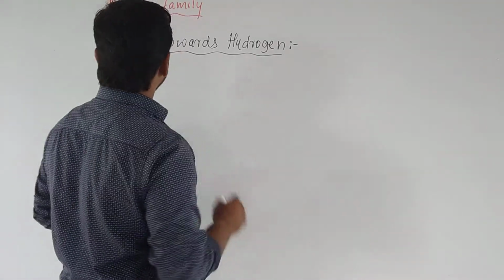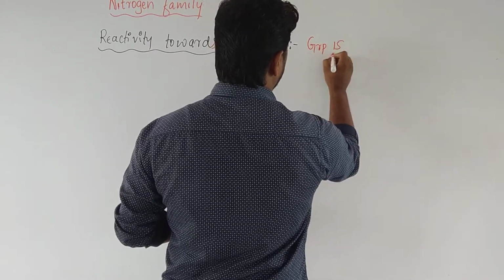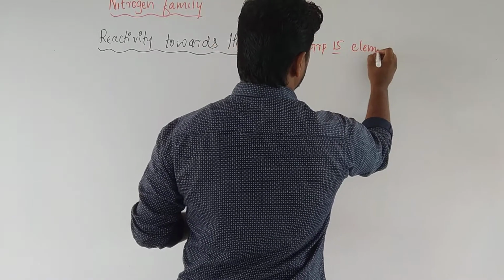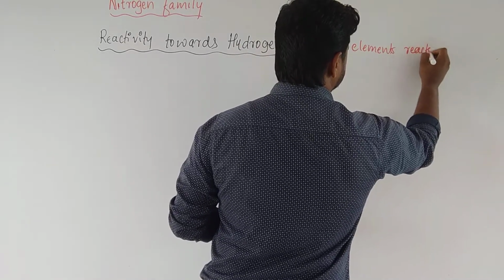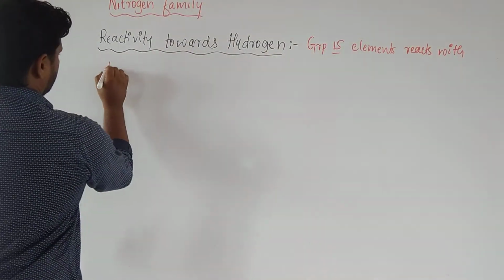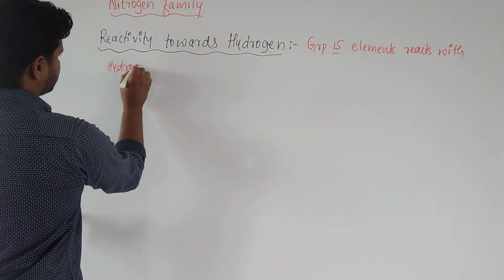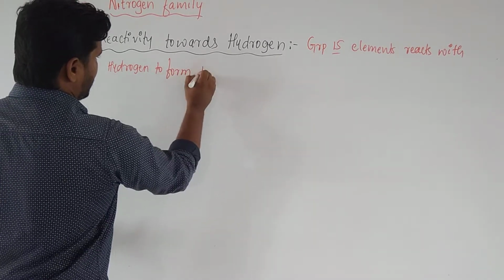Here students, group 15 elements react with hydrogen to form hydrides.